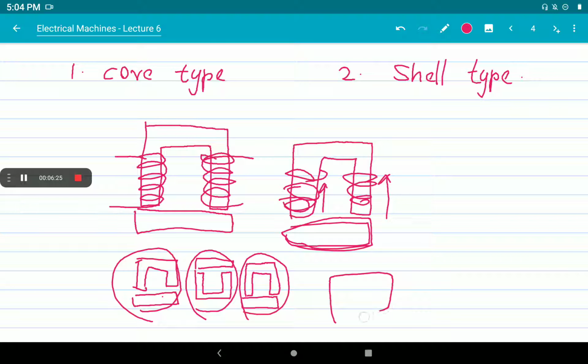To get a closed magnetic circuit, we place another straight rod here, then close that magnetic circuit. The procedure of that construction is like that. First we take our C-shaped core, then we place the winding, then close the magnetic circuit by using that straight rod.